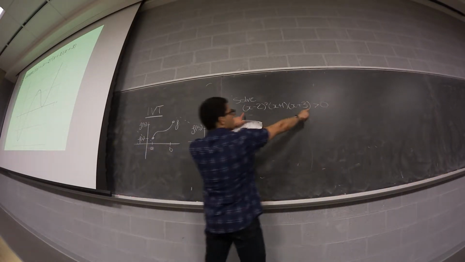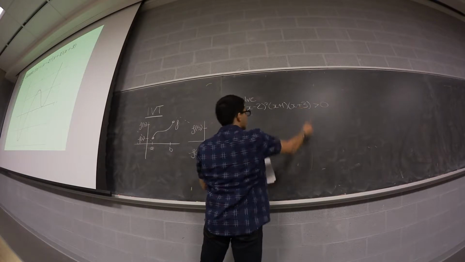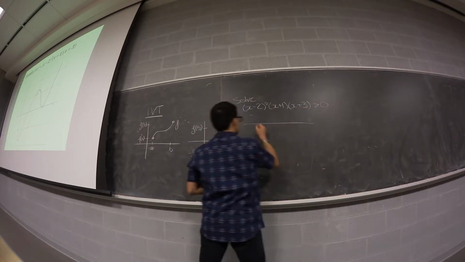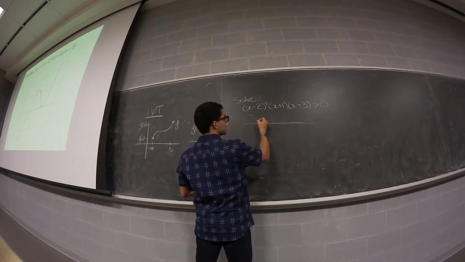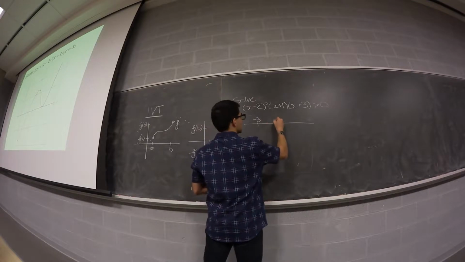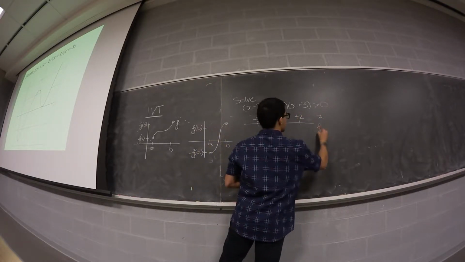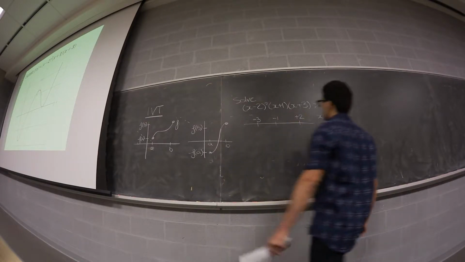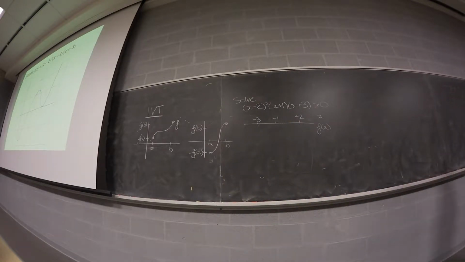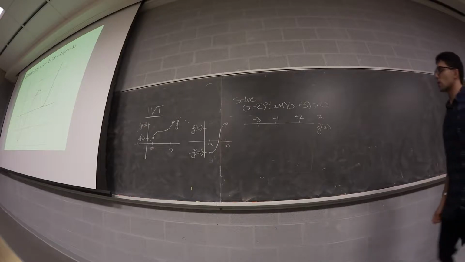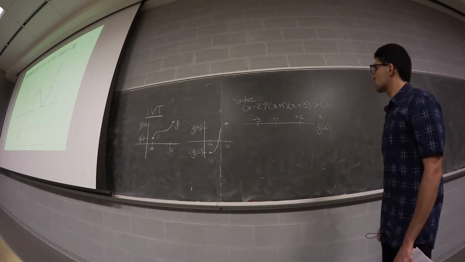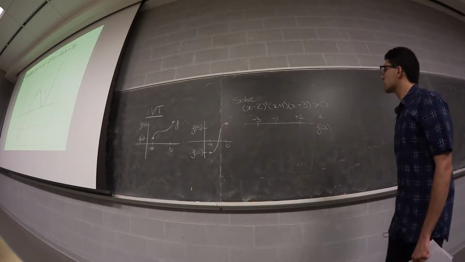You might go, okay, what are the zeros of this thing? 2, minus 1, and 3. Maybe some sort of a number line or something similar. What did I say? 2, minus 1, and 3? I meant 2, minus 1, and minus 3.